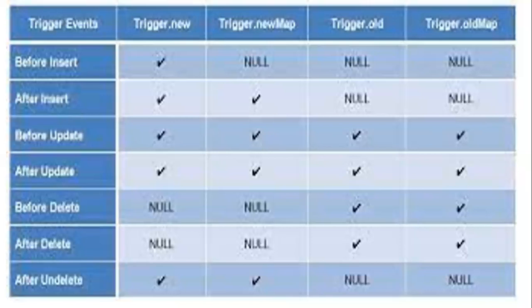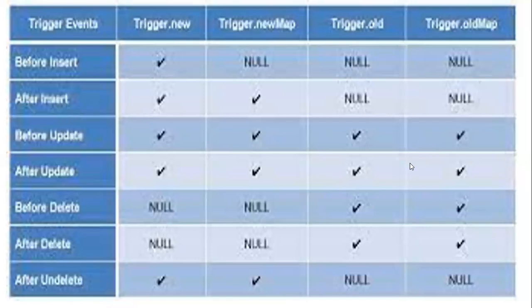That's why they have trigger.old and trigger.oldMap, and there is no trigger.new or trigger.newMap. For the undelete operation, it is the same as after insert: the after undelete event has only two context variables, trigger.new and trigger.newMap. So everything is fine, I think.